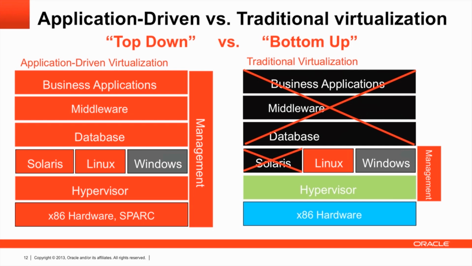Typically, these hypervisors then allow you to deploy a guest OS onto them. And then the management console comes with that, whether it's management from the hypervisor that's included or management from the OS.